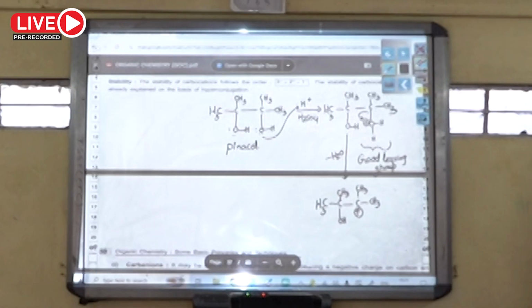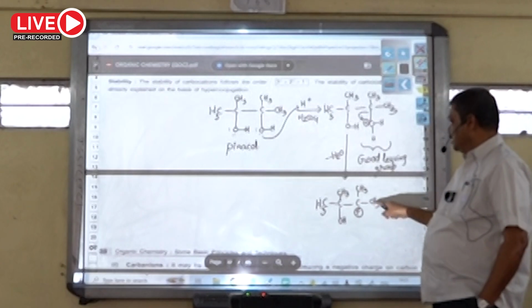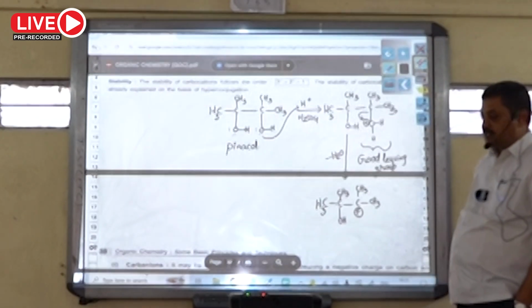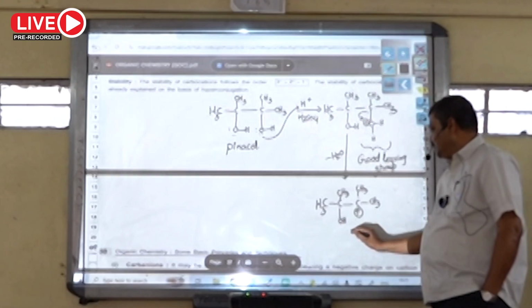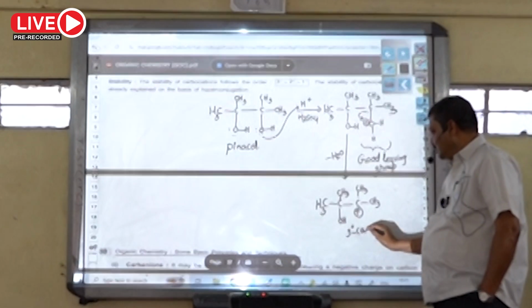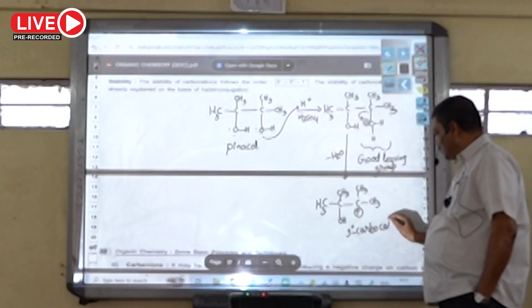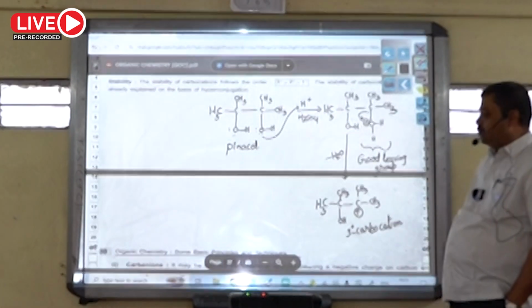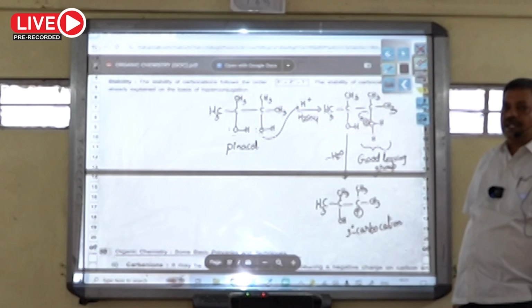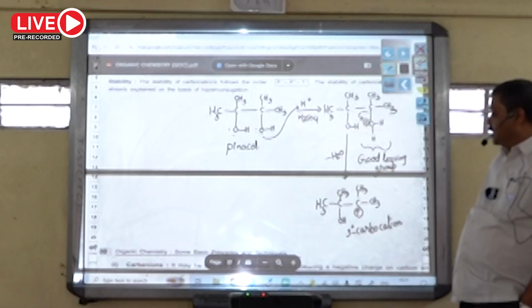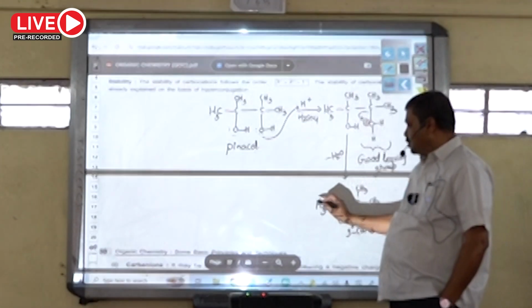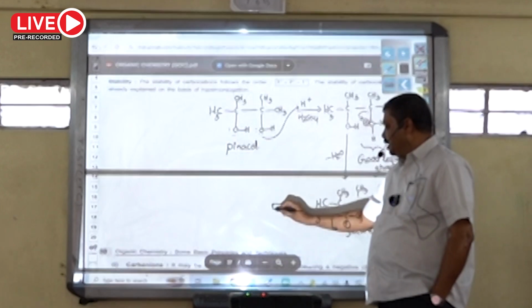What carbocation is it? Is it primary, secondary or tertiary? Very good. It is tertiary because the C plus is linked with 3 more carbons. Actually, if a carbocation is tertiary, it is already stable, but still it undergoes a rearrangement.